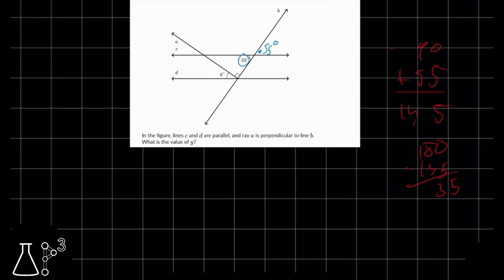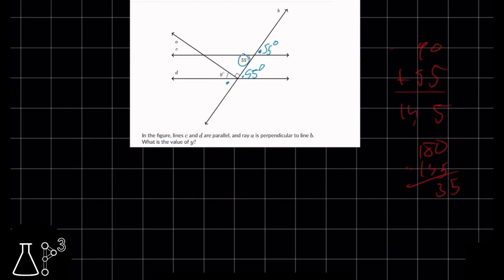And because the lines are parallel, they also have alternating interior angles, which basically means that this side and this side also equal 55. So if both lines are parallel and you have the same interior angle on one side, you're going to have the same interior angle on the other side, which is called alternating interior angles.